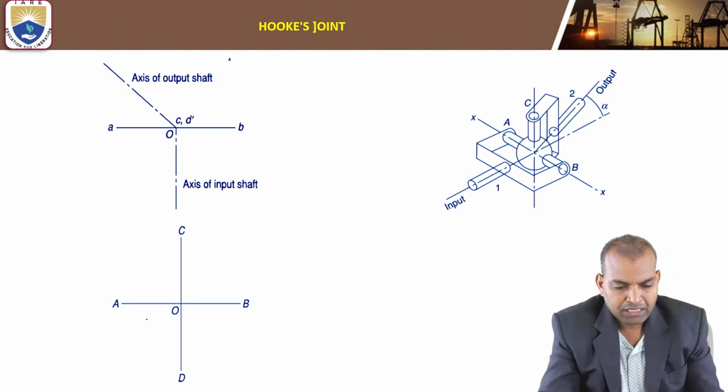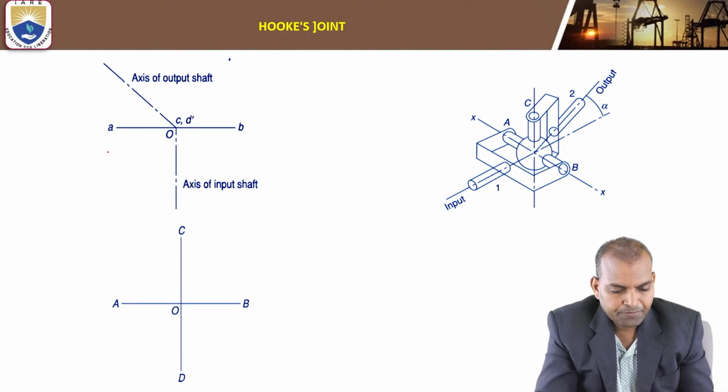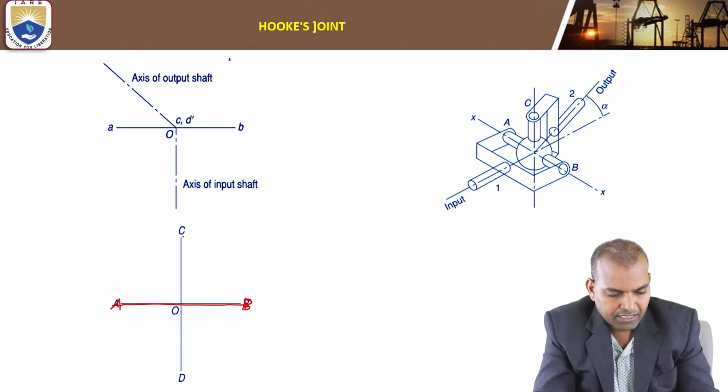Now there are two things here. This AB means the fork ends, and this is CD.